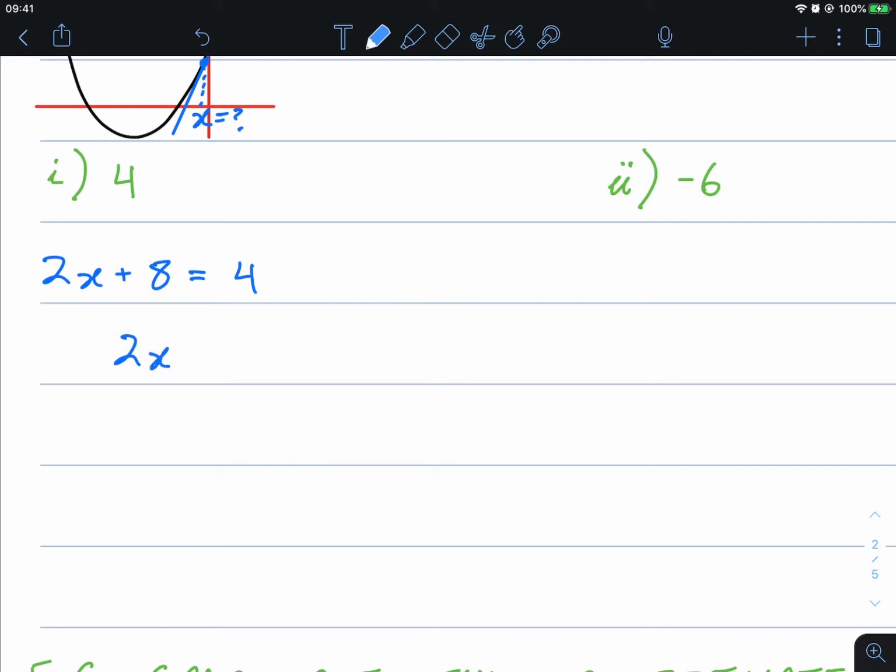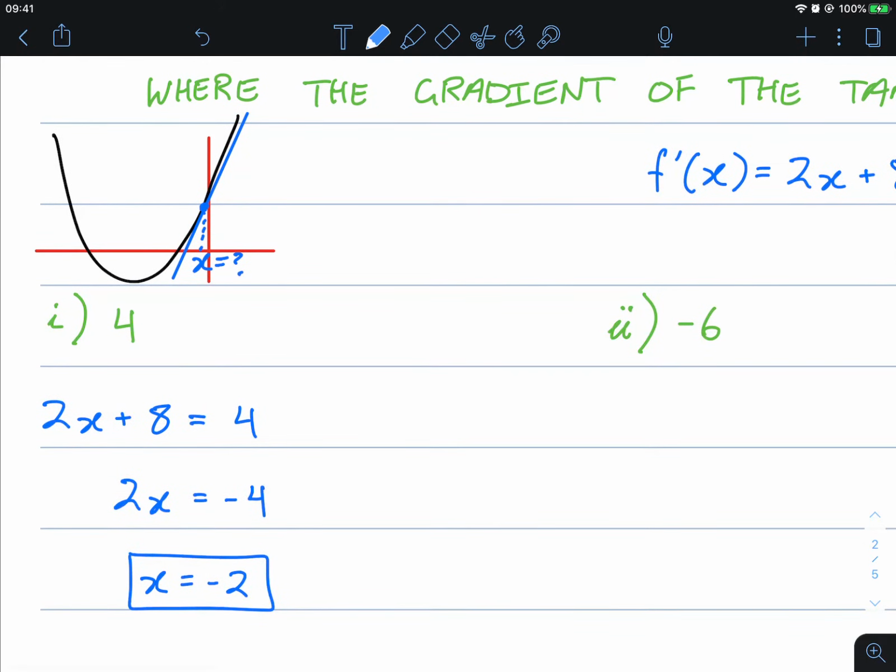So 2x equals negative 4, x equals negative 2. So in this really bad drawing that I've shown here, if this is the function at x equals negative 2, and if we draw a tangent at that point, the gradient of this tangent is 4.